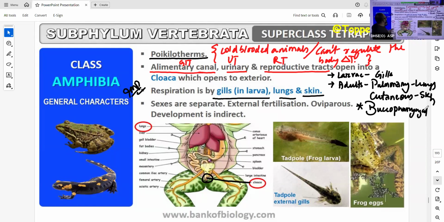Fine. Okay. But these are basically general features of all amphibians. In that particular chapter we have taken a specimen, that is frog. It can be Bufo melanostictus or Rana tigrina, to understand the frog in a better way. Okay? Then they show sexual dimorphism. Show sexual dimorphism. Okay?